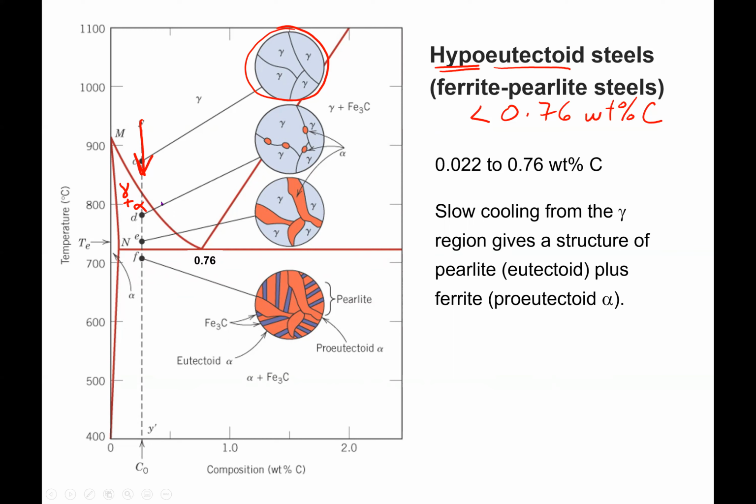Remember, in the eutectic system, this would be a liquid plus alpha region. And the other difference here is in the way that the microconstituents look.